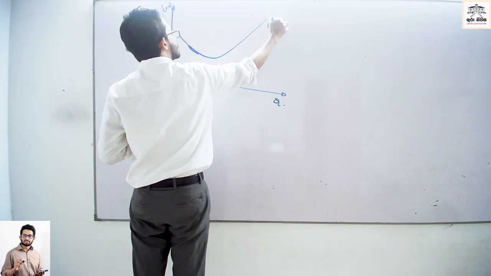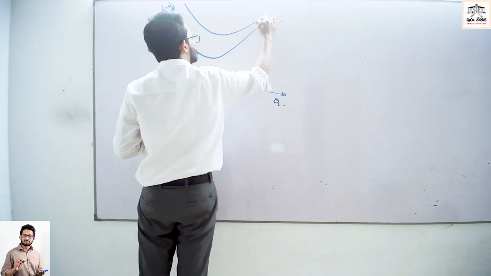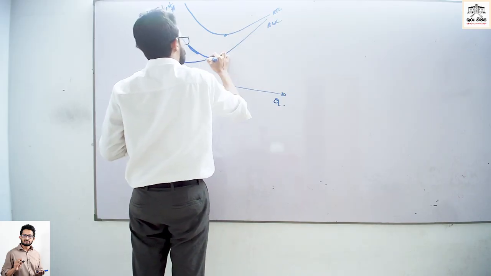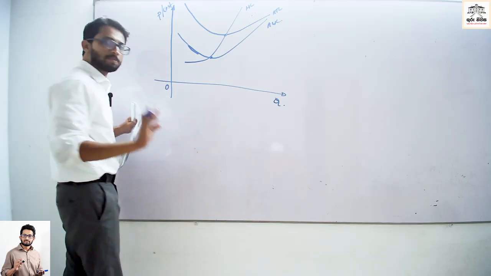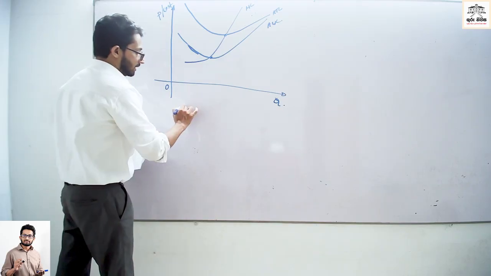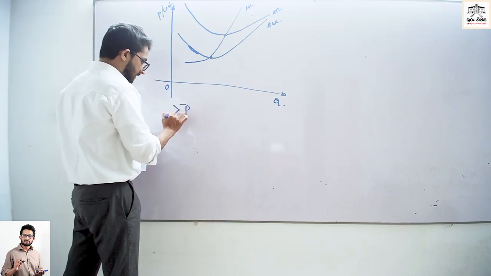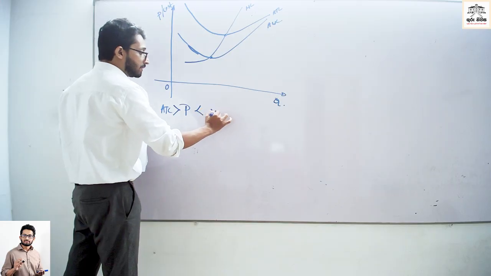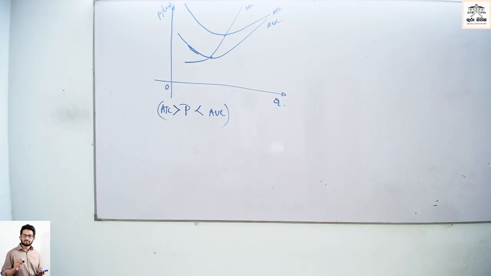Average variable cost, average total cost, and marginal cost. Now the firm is making losses, because we are talking about subnormal profit or economic losses. It means price is lesser than average total cost. Price is lesser than even average variable cost, then no need to think twice. The best option is to shut down.